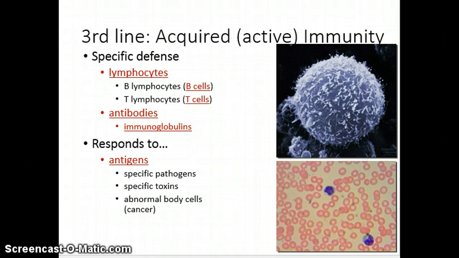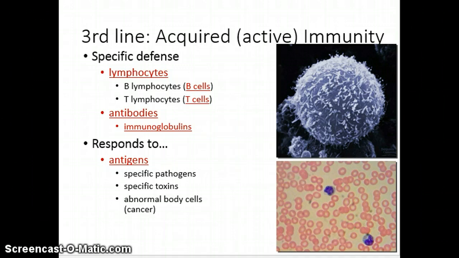An antigen is a foreign molecule that is specifically recognized by the lymphocytes and elicits a response from those B cells and T cells. That's the definition of an antigen.